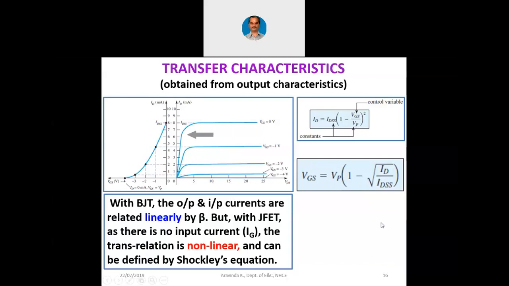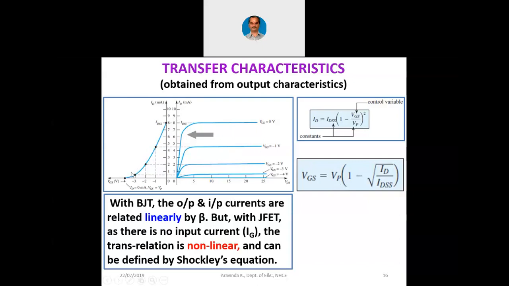Both are Shockley's equation, stated in different ways. Using this, we can relate VGS and ID, because VP and IDSS are given by the manufacturer.